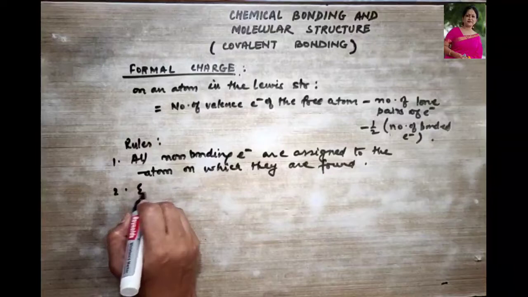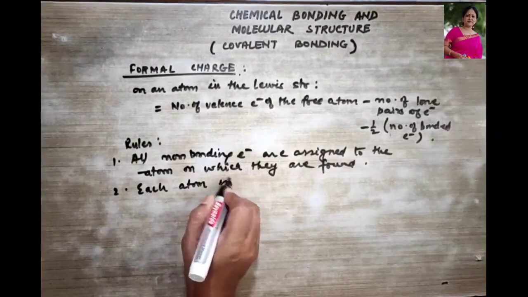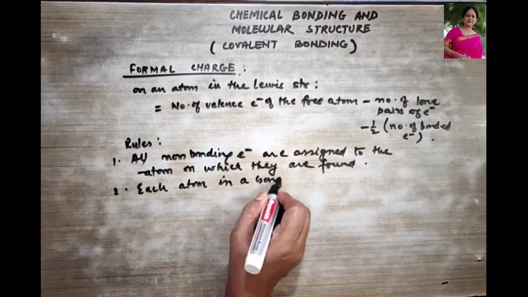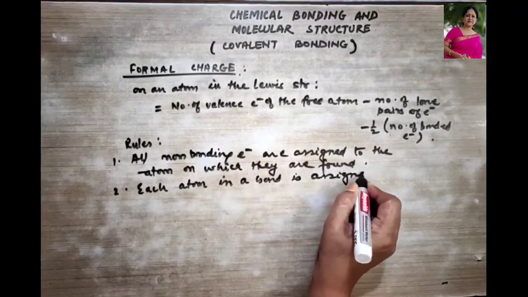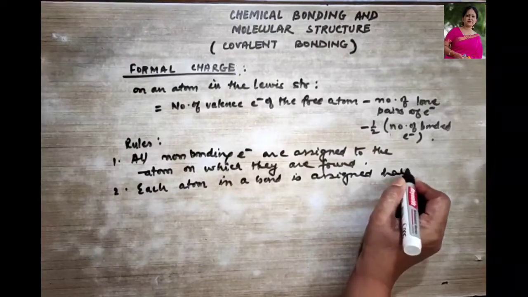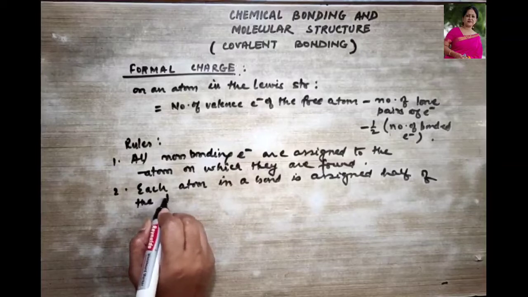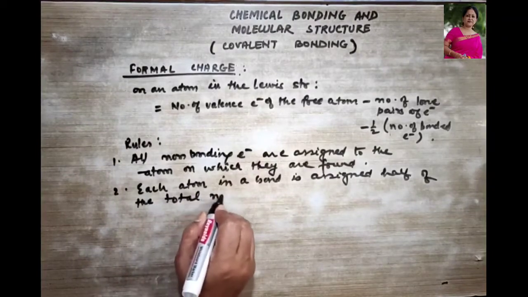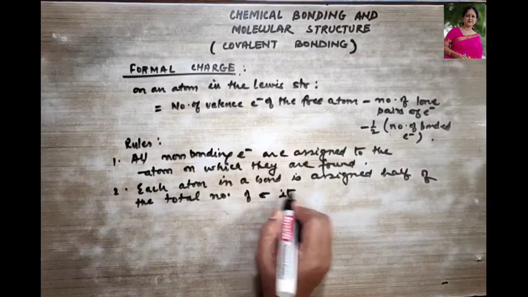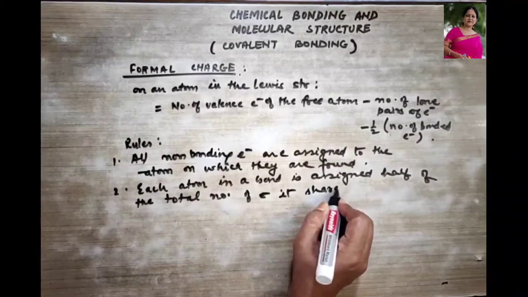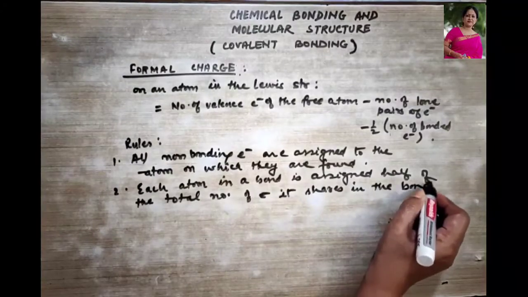Clear? So each atom in a bond is assigned half of the total number of electrons it shares in the bond.